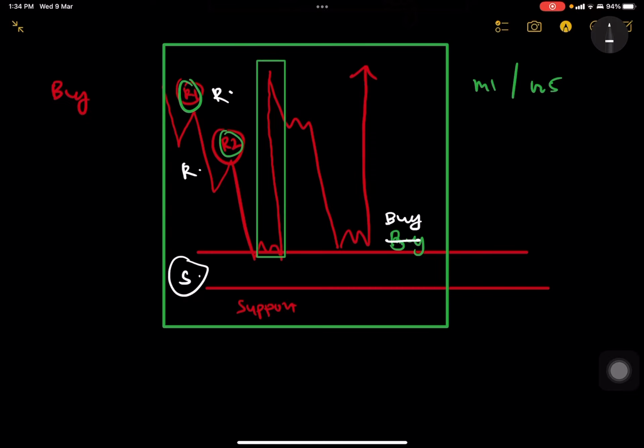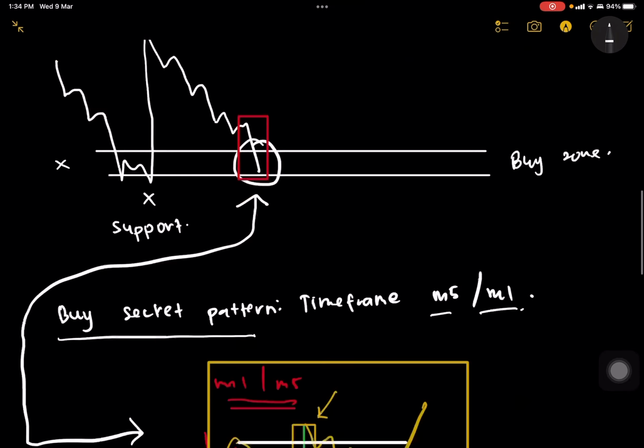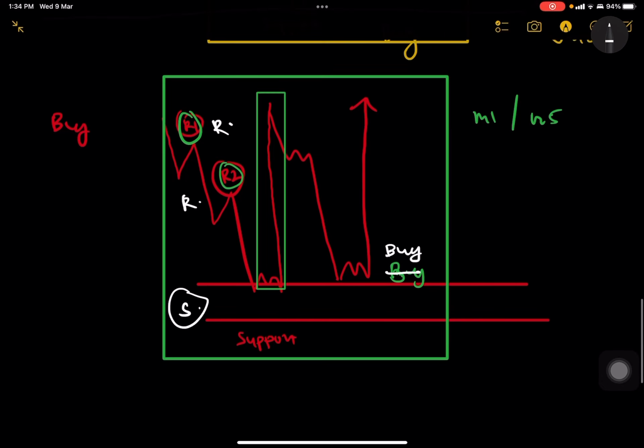Only use this system, only use these 4 SOP, and don't change your technique. A profitable trader doesn't use multiple techniques. They have one solid technique, one system for entry, and they master the technique solidly. They use it multiple times, and that way you can make a lot of profit. Okay, let me show you on the real charts regarding the technique that I've shown.